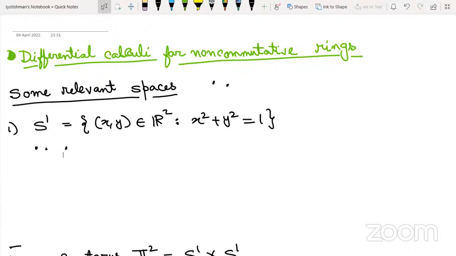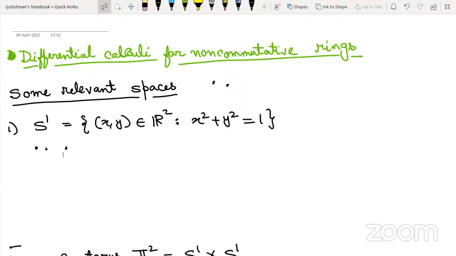We will first give some examples of some relevant spaces, then give their quantum or non-commutative analogs, then revise what's meant by a geometric structure on a level surface, and finally define what's meant by a differential calculus for a non-commutative algebra.